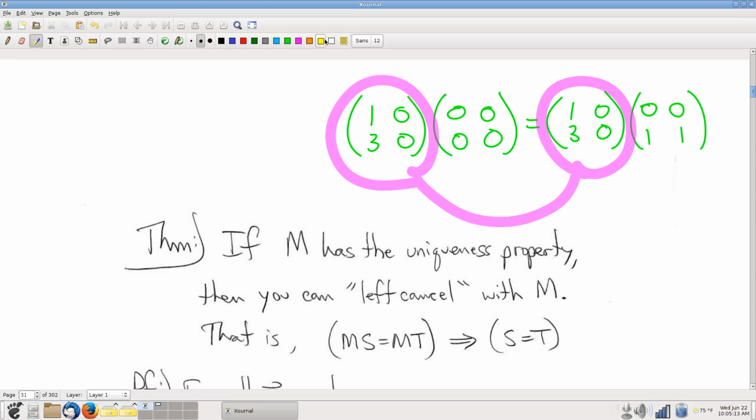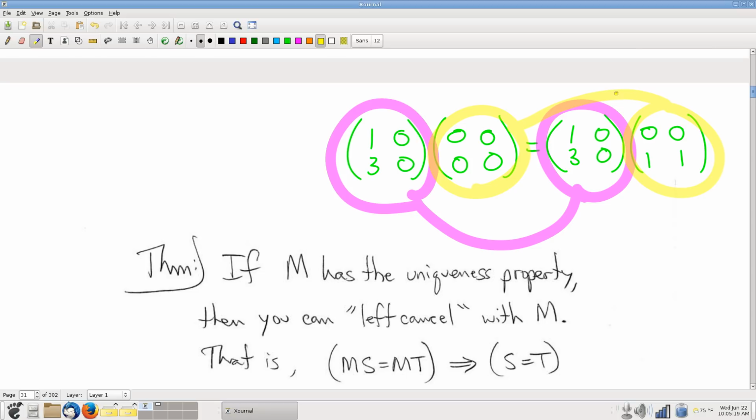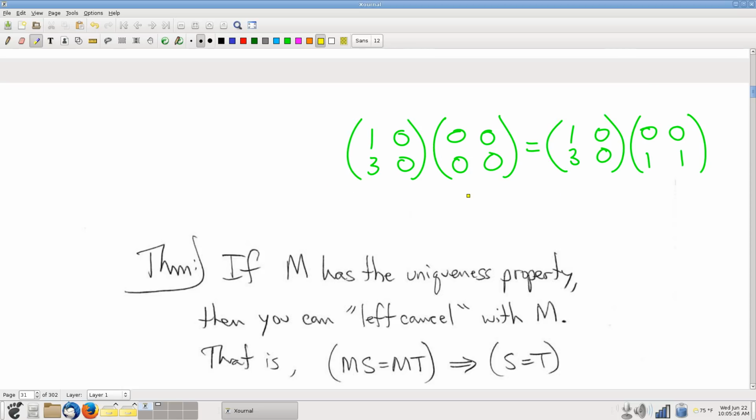The result of canceling would be to conclude that that matrix is equal to that matrix, which of course it isn't. So you get a wrong conclusion. So even though this matrix equation works initially, this is a true statement, you can't cancel this matrix on the left without getting a false conclusion.